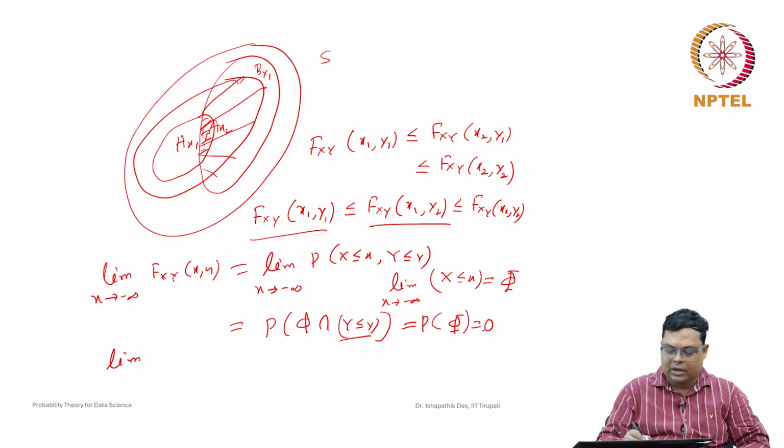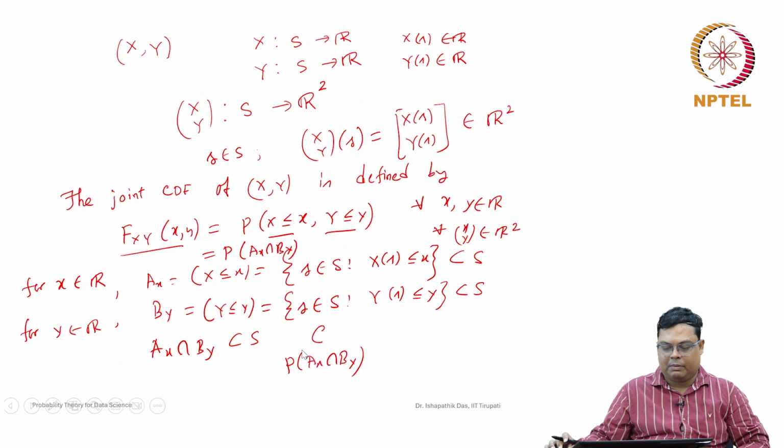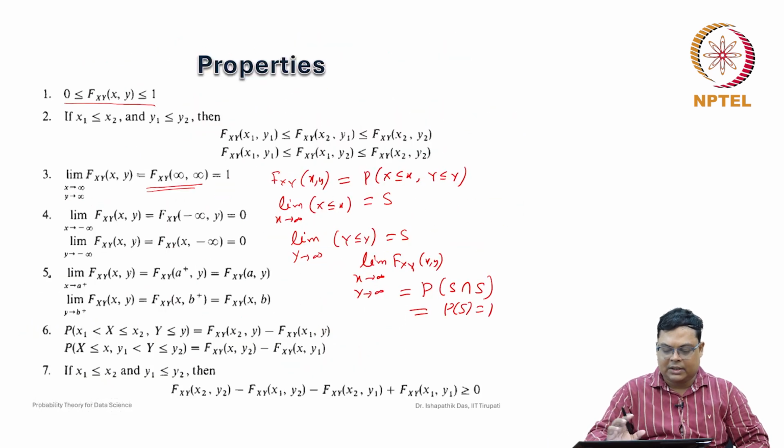Similarly, you can show that if one of the coordinate components of this vector, y, goes to minus infinity, F_XY(x, y) will again be equal to 0. These are some of the properties, just to understand.